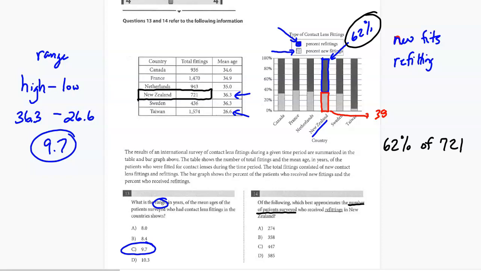And the shortcut for that percentage is you just change the percent to a decimal, divide by 100 or move it to the left. You multiply it by the total, and let me just punch this in. 0.62 times 721. So I'm getting about 447.02. So it looks like the correct answer there is C.